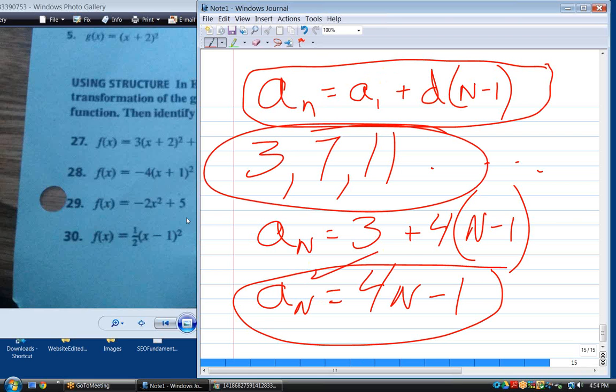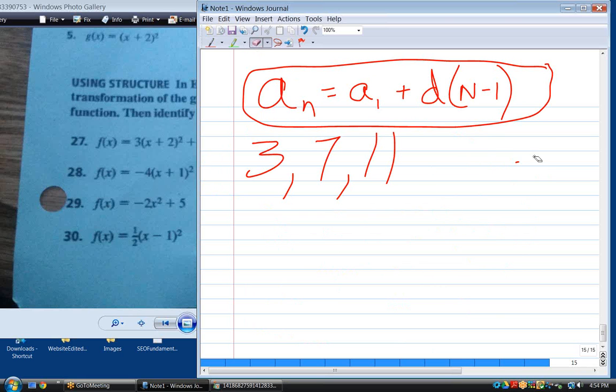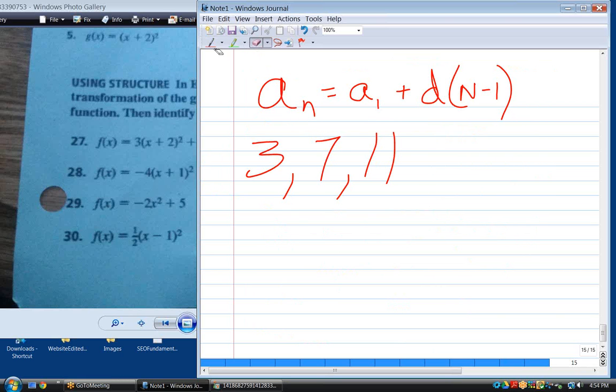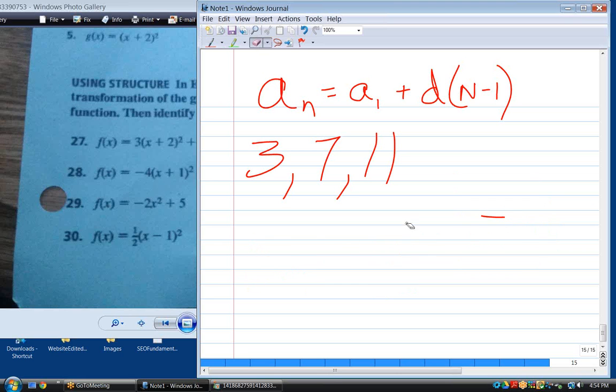Have you had the sum of a sequence? Did they make you memorize that yet? In other words, if I wanted to know what the sum of the first 3 terms of this sequence are, just tell me if you've had it, and if you had, we'll go over it. If you haven't, we'll ignore it. No? Okay, we'll ignore it. But you might imagine that that might be useful.